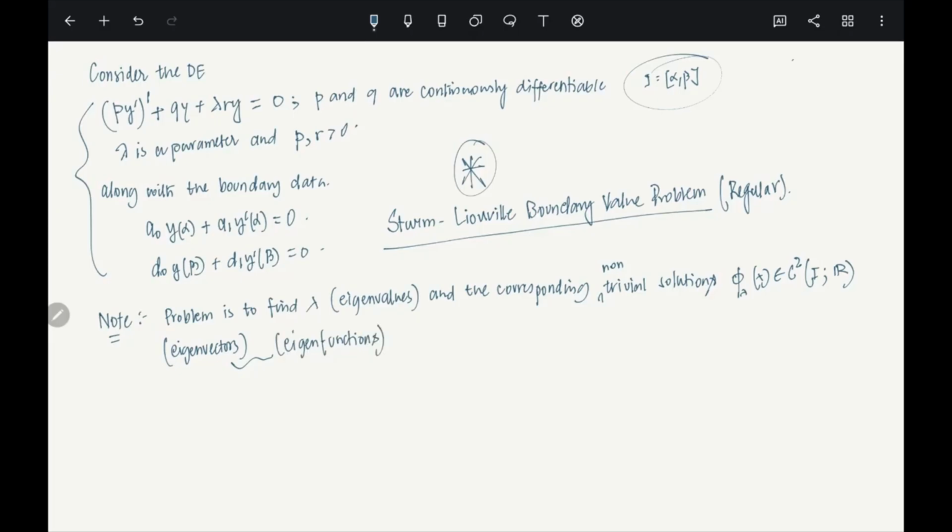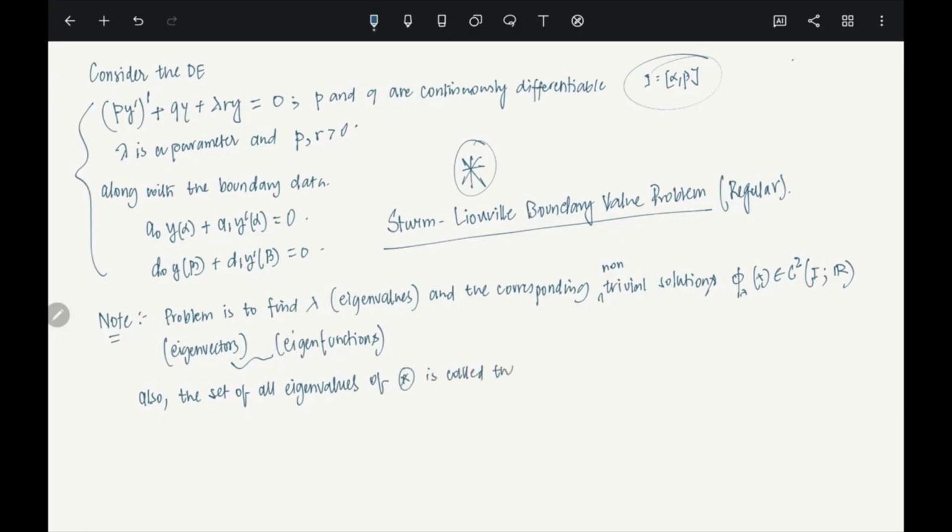Now, if you put together the set of all eigenvalues of a regular problem of star, that set is called the spectrum.